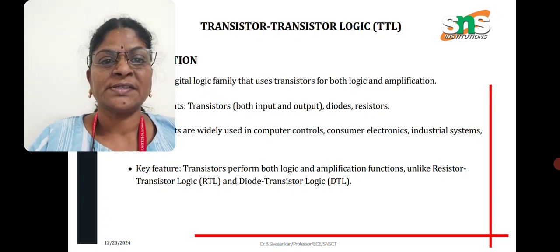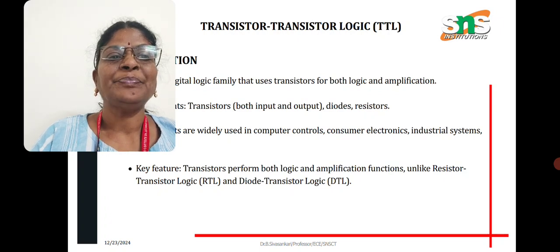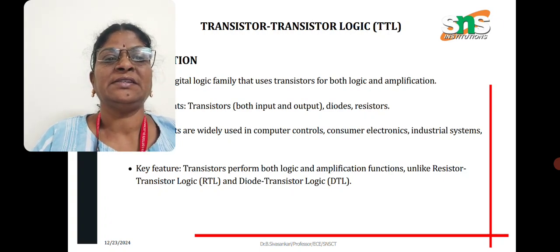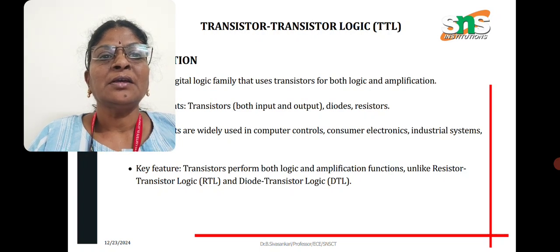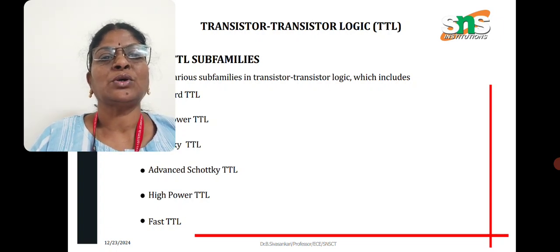Unlike resistor transistor logic, or RTL, and diode transistor logic, DTL. So these are the subfamilies of transistor logic, like fast TTL, high power TTL, advanced Schottky TTL, and Schottky TTL.